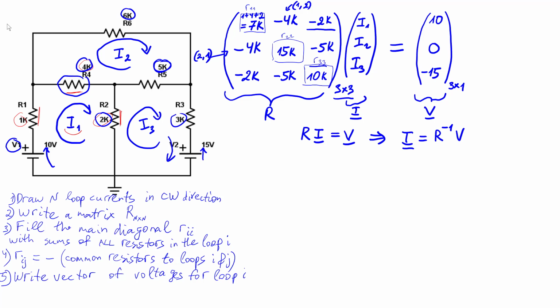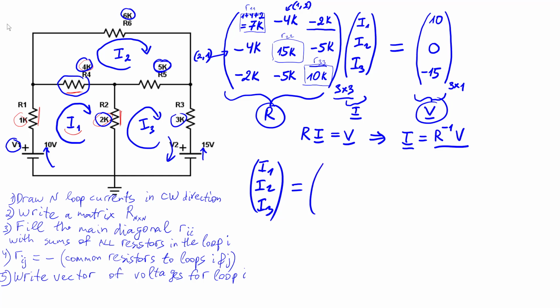You can do that in MATLAB, and this is what you'll get. You'll get that I1, I2, I3. Then you're multiplying those two things which are given, because this is a constant matrix and this is a constant vector, so all the numbers are given. This is what you get.